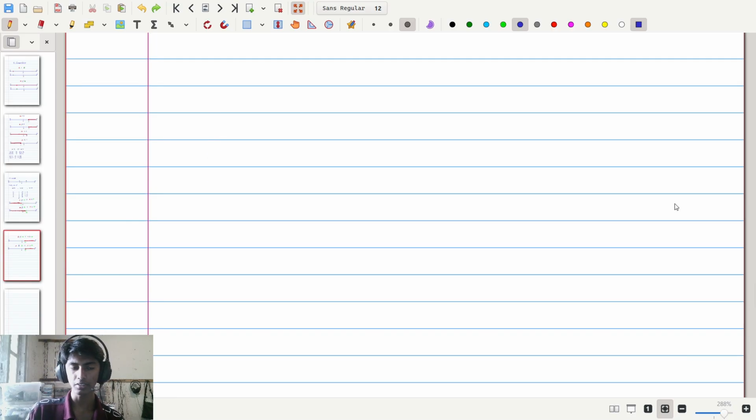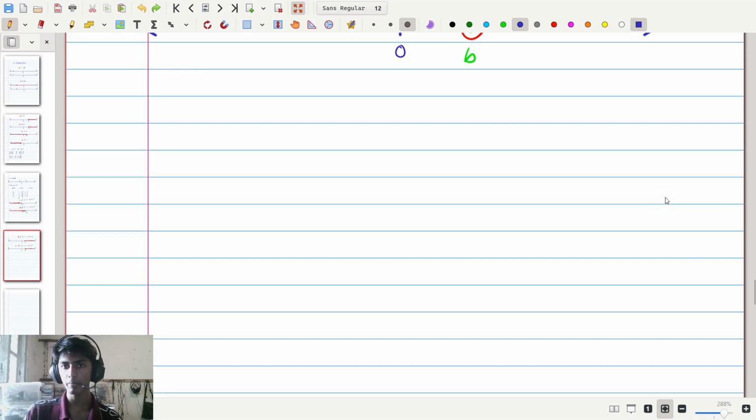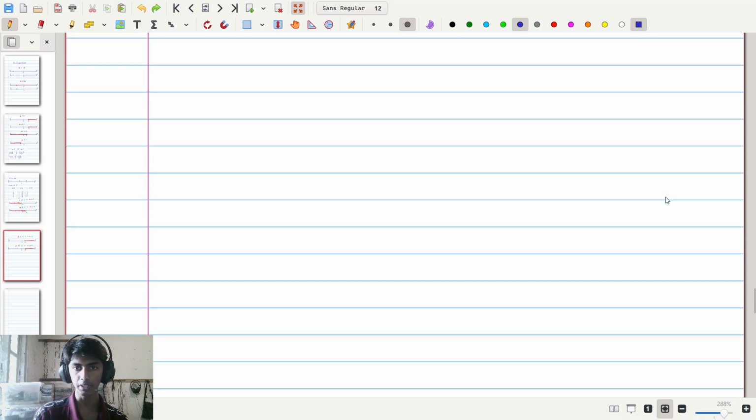So now on this basis, let's start deriving some identities for inequalities. Similar to equalities, where if A equals B and B equals C, these two statements are sufficient to imply that A is equal to C. We should know this. This is obvious. This is carrying through the equal sign.